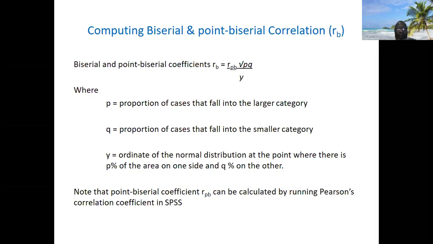then over Y, that's the ordinate of the normal distribution at the point where there is a percentage P of the area on one side and Q on the other. This is where you use a statistical table to look at the normal distribution. If the percentage is maybe 70-50, you look at the Z that corresponds to that junction of 750.